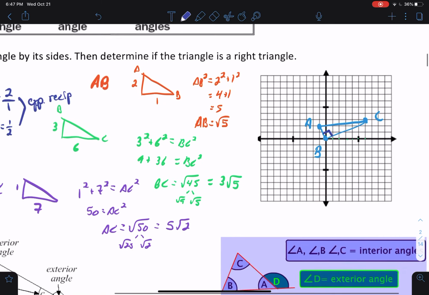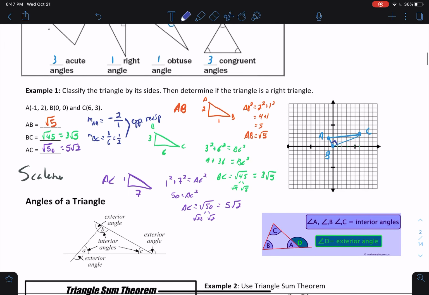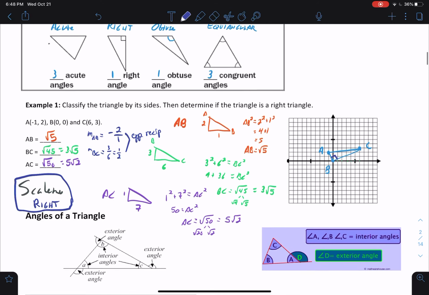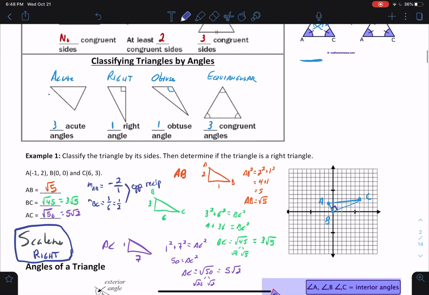Because those are opposite reciprocal slopes, those two lines are perpendicular. So this is a scalene right triangle. That is how we classify triangles based on side lengths in the coordinate plane and how we can determine whether a triangle is a right triangle. In the next video, we'll start talking about angles of a triangle more.